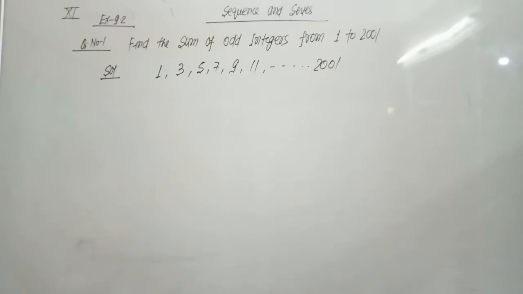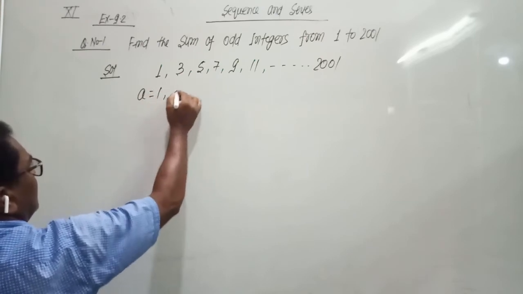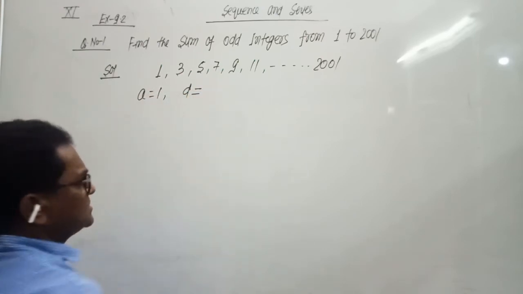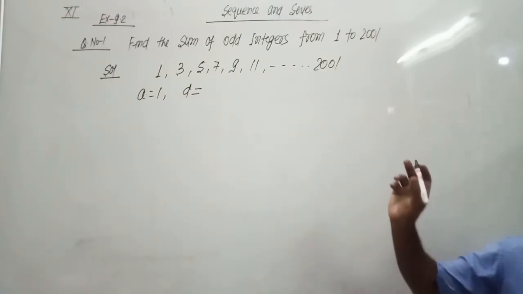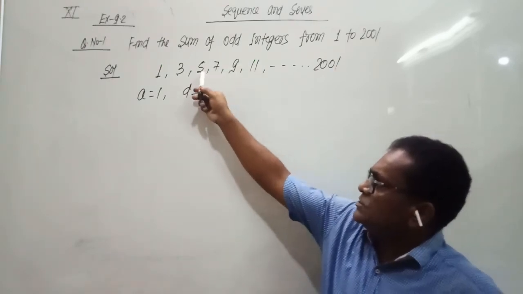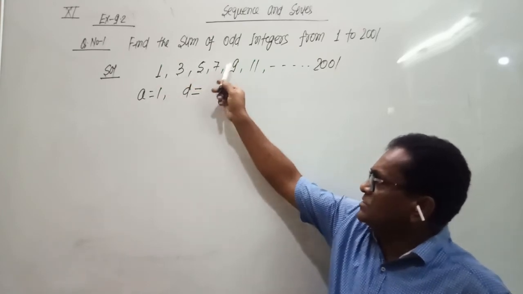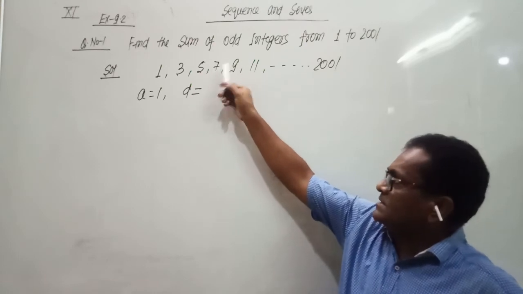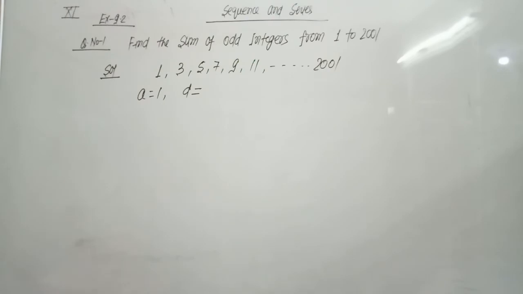So the first term is 1, A equals 1, and we calculate the common difference. Common difference is found by the difference between two consecutive terms. Everywhere the difference between two consecutive terms is 2: 3 minus 1 is 2, 5 minus 3 is 2, 7 minus 5 is 2, 9 minus 7 is 2, 11 minus 9 is 2. So the value of D is 2.